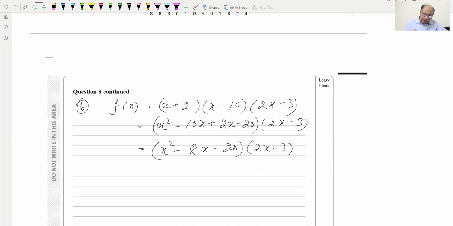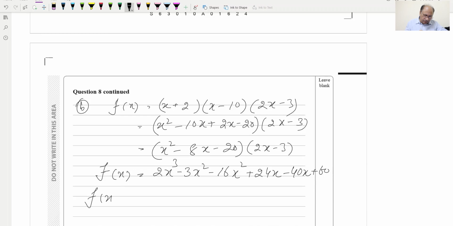Now we can multiply these two terms. x squared multiplied by 2x will be 2x cubed, and x squared multiplied by minus 3 will be minus 3x squared, minus 8x multiplied by 2x will be minus 16x squared, and then minus 8x multiplied by minus 3 will be plus 24x, minus 20 multiplied by 2x will be minus 40x, and minus 20 multiplied by minus 3 will be plus 60. So this will be our f of x.